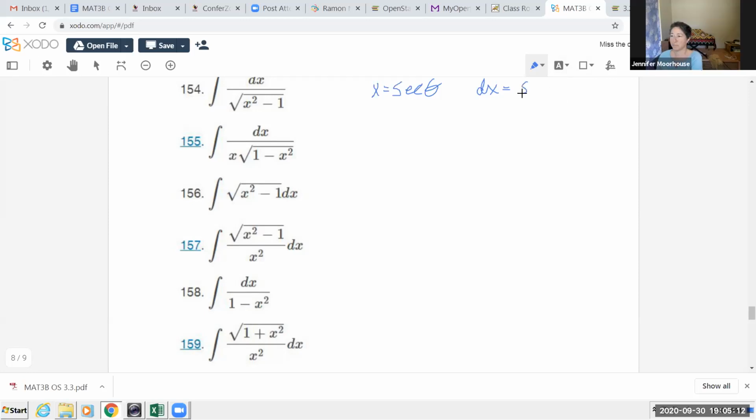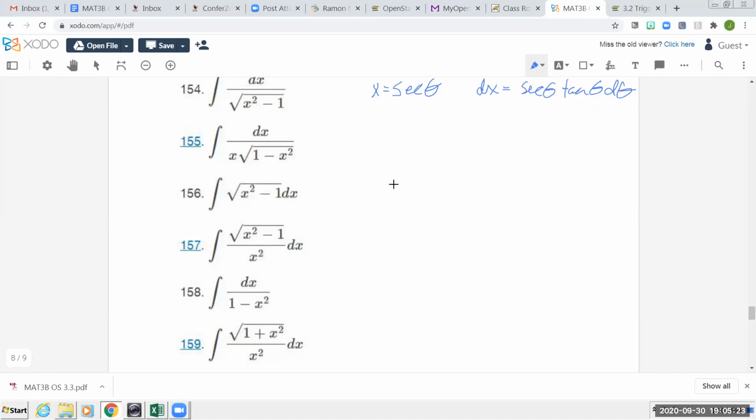Yep. So secant theta tan theta d theta, and then you substitute in and you would just have a tan theta to integrate.